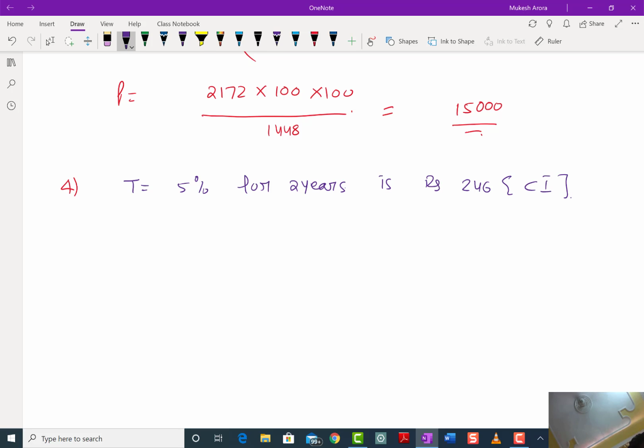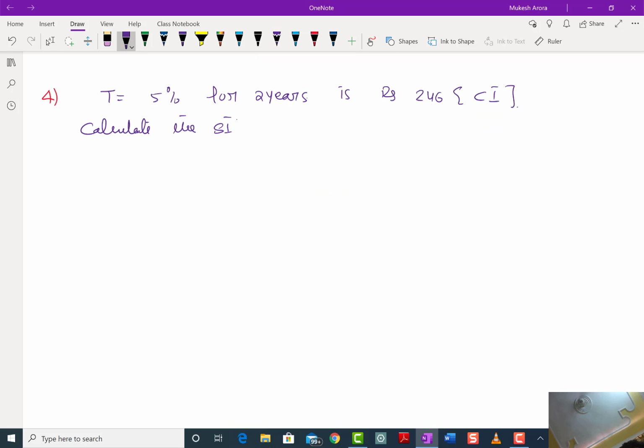Calculate the simple interest on the same sum at the rate of 6% for 3 years.